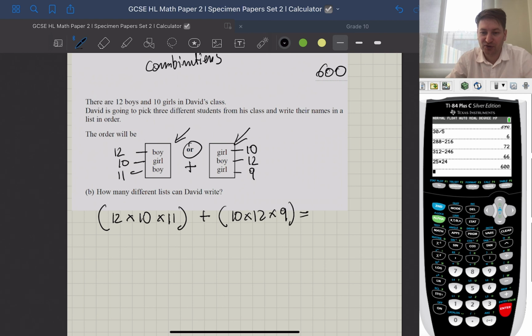All right, let's put this in a calculator. 12 times 10 times 11 plus, open brackets, 10 times 12 times 9, close the bracket, and this gives us 2.